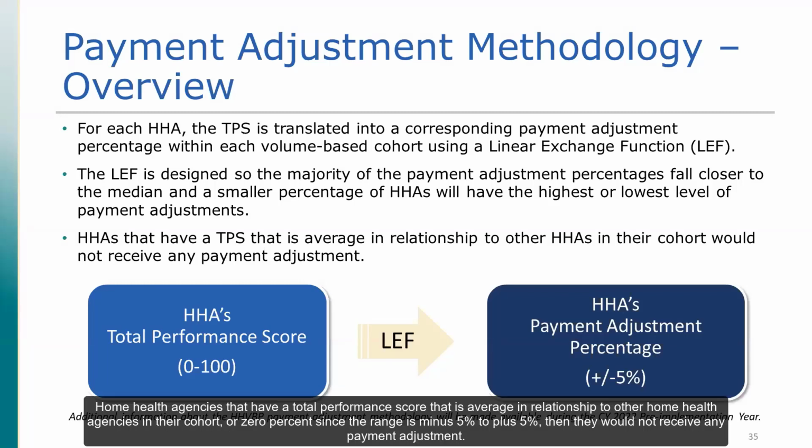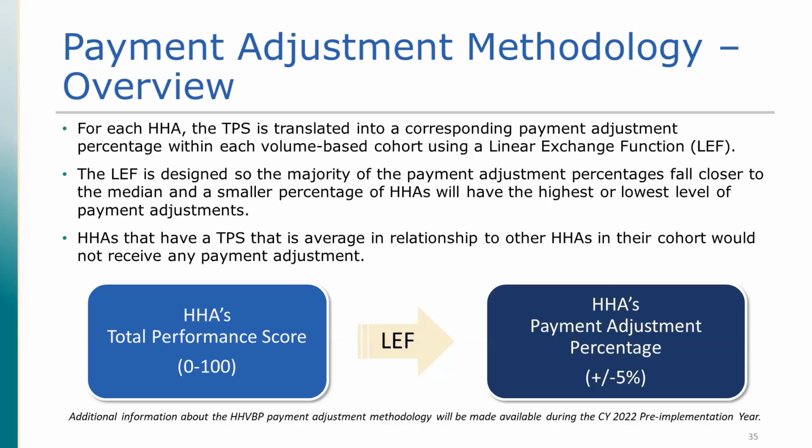Home health agencies that have a total performance score that is average in relationship to other home health agencies in their cohort, or 0%, since the range is -5% to +5%, then they would not receive any payment adjustment.